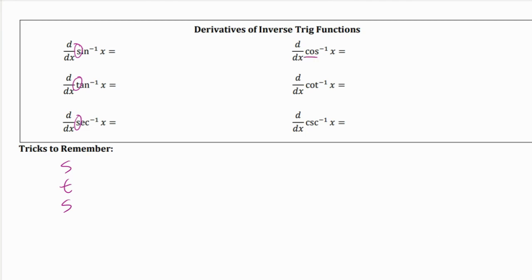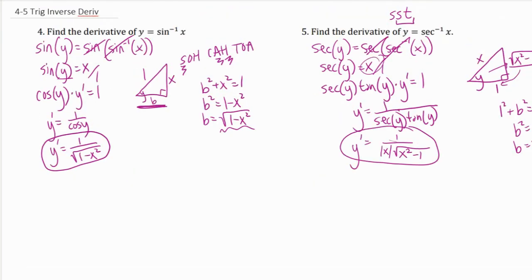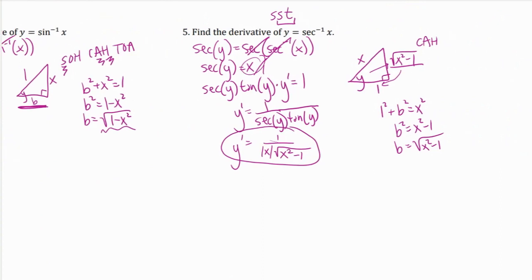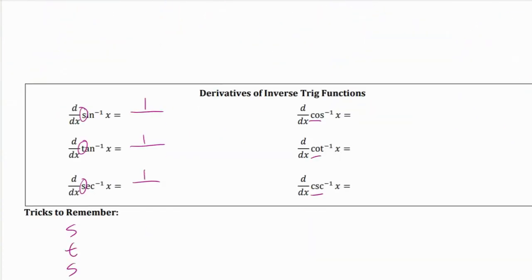We've got our co-functions on the other side. Okay, cosine, cotangent, and cosecant are going to be on our right-hand side. So that's important. So STS. All of these will be 1 over. So if you looked at the two we just did, we had 1 over and 1 over. So these are all 1 over.